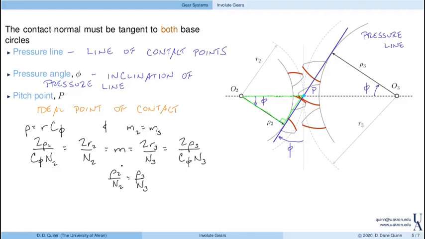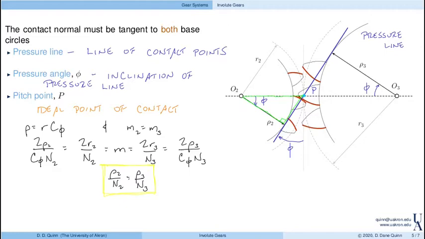If you have a gear, you can calculate the base circle radius divided by the number of teeth. If you want to know whether that gear meshes with another gear, look at that ratio for the other gear. If they're the same, then those two gears can mesh together. If those two quantities are different, then the gears are not able to mesh. You would end up with interference, and the gears would bind and lock up and not rotate freely. So this is a fundamental compatibility condition for two gears in mesh.